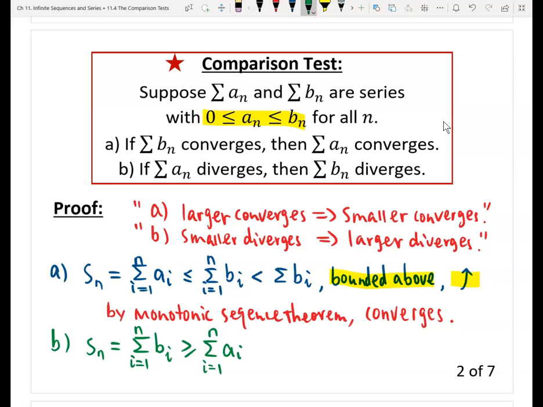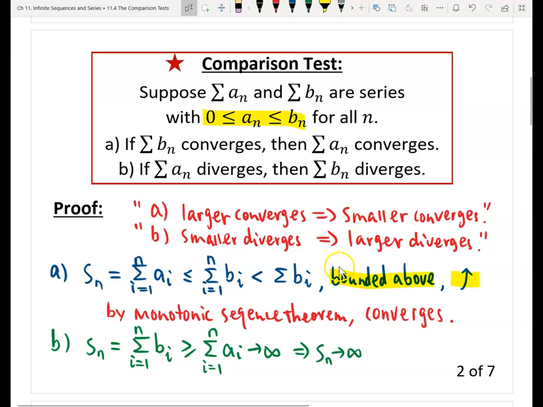Okay, and the series a_i diverges, which means the partial sum diverges to what? Diverges to infinity. Does it make sense? Okay, therefore, S_n is greater than another series. We have a comparison, right? So as when we learned for sequences, we have this result: S_n diverges to infinity too.